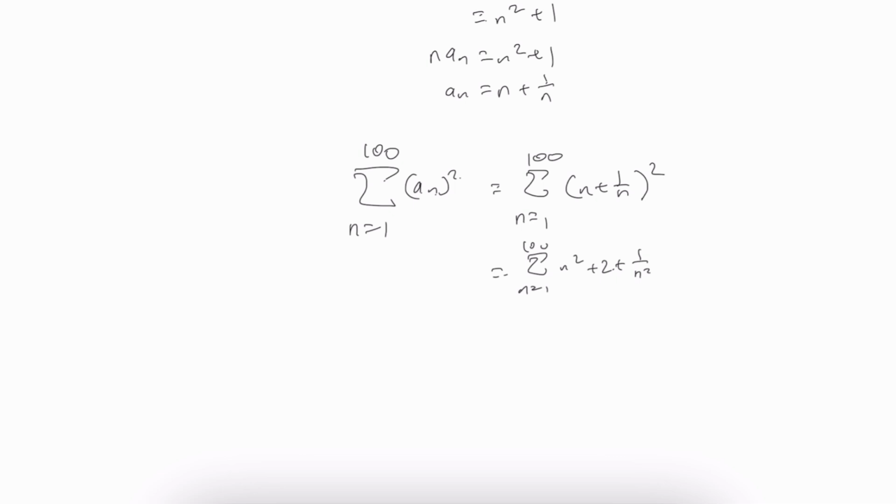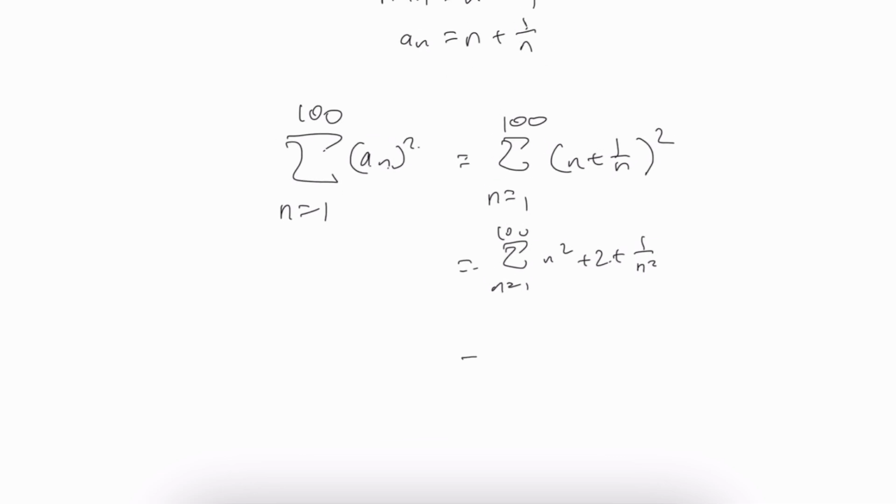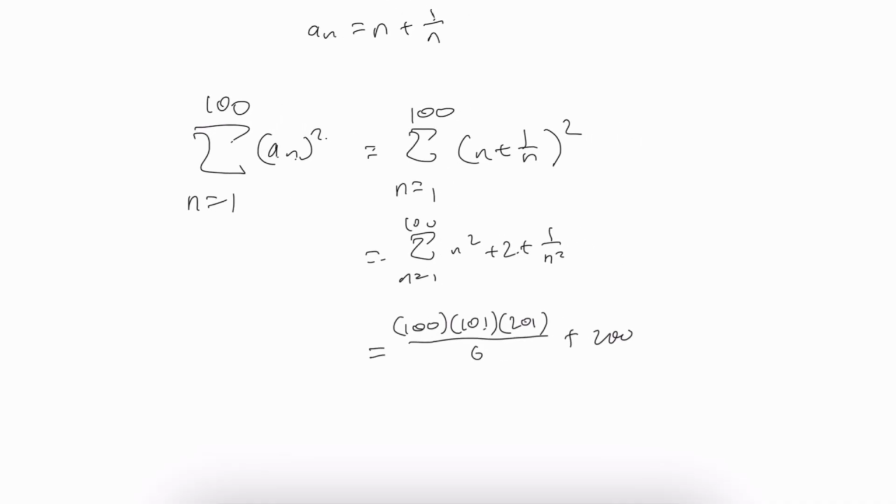The sum of the first 100 squares is just, using the formula, 100 times 101 times 201 all over 6, plus the sum of 100 2s is 200, plus the sum of the first 100 terms of 1 over n squared.